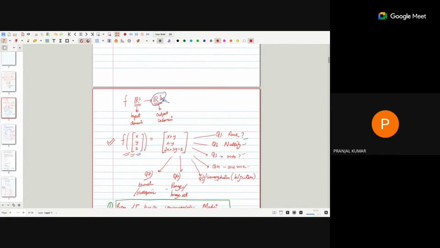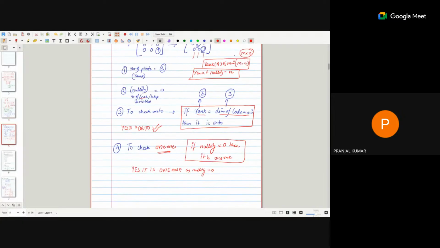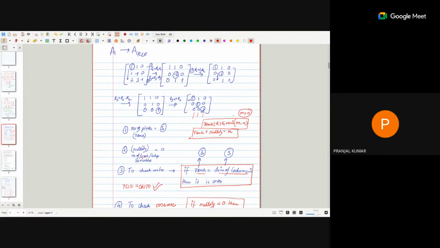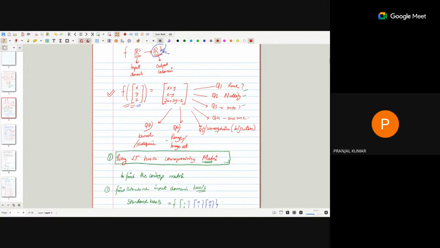Now, for those who want to understand why this rank needs to be equal to the dimension of the codomain, let's see one more thing first.